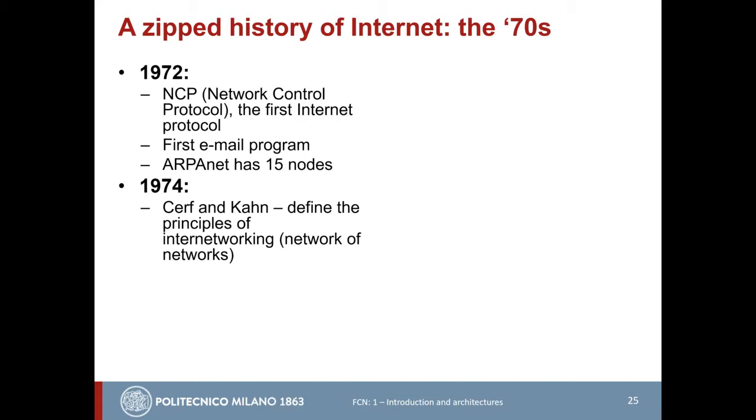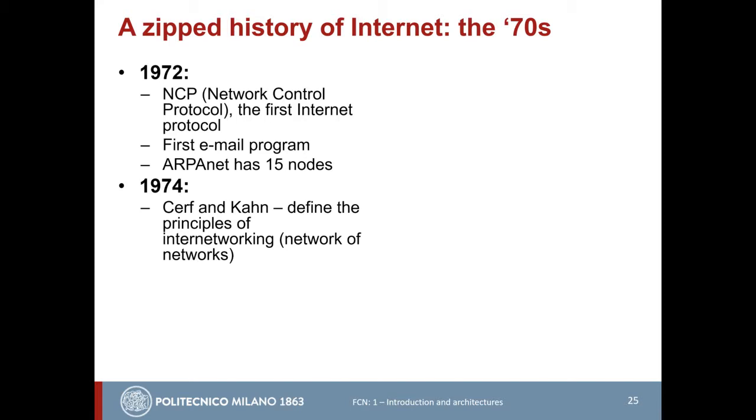This is why the NCP, the Network Control Protocol, was defined and built in '72. It was the first software used to manage packets, so it could be installed inside these nodes in order to make them work. So it was the first embryo of the Internet protocol that later developed.